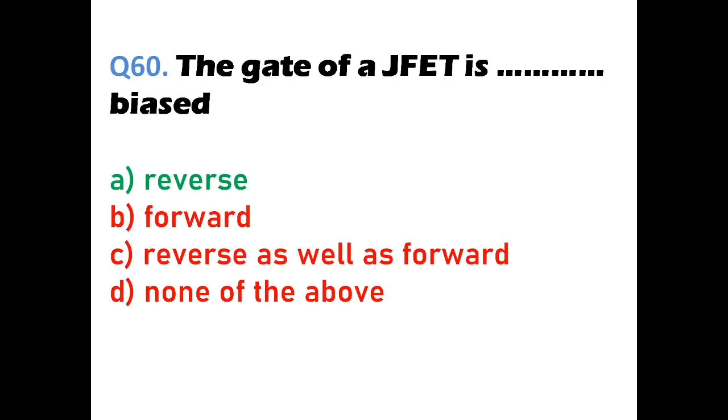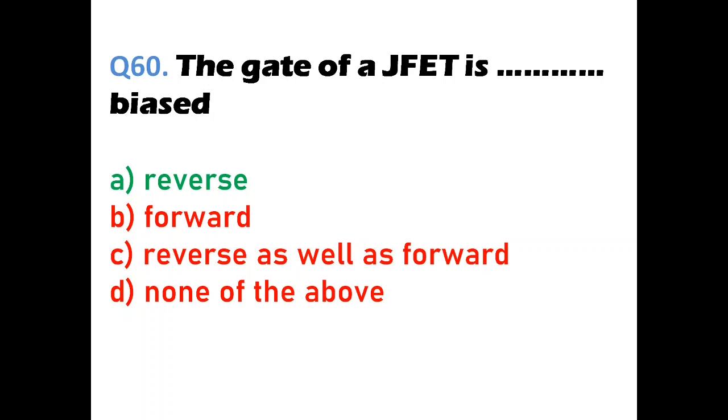The gate of a JFET is reverse biased, because only if you do reverse bias, the depletion layer of the PN junction will increase, and if the depletion layer increases, the channel width decreases, and if the channel width decreases, the drain current decreases. That means by increasing the depletion layer, you are decreasing the width and you are decreasing the drain current.